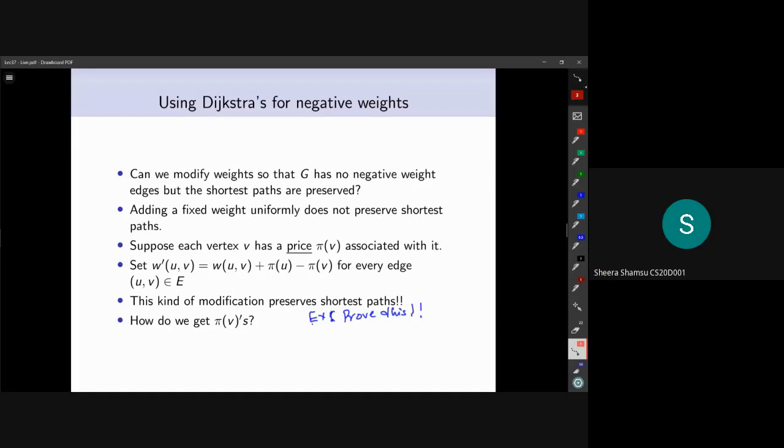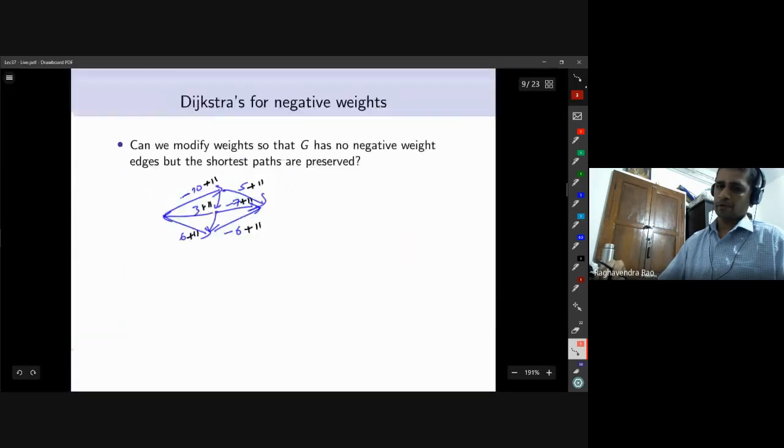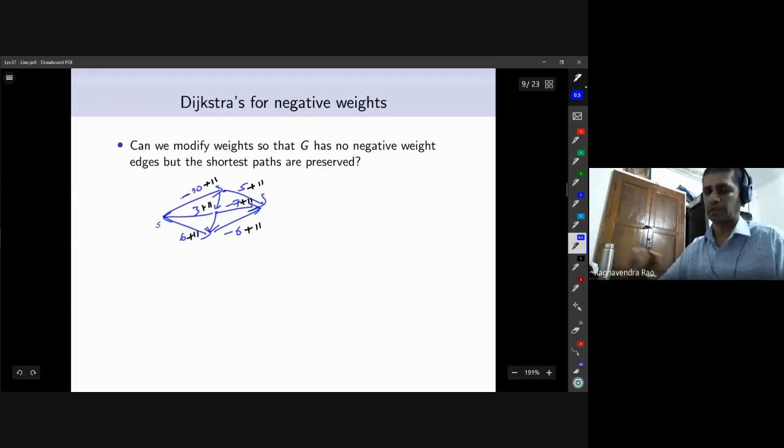So what is the solution, sir? To find the solution, I've just inadvertently showed it there. The solution is due to Johnson. What he does is a fairly simple thing. Imagine the following: let's assume that there is a vertex S such that you have a path from S to every other vertex.